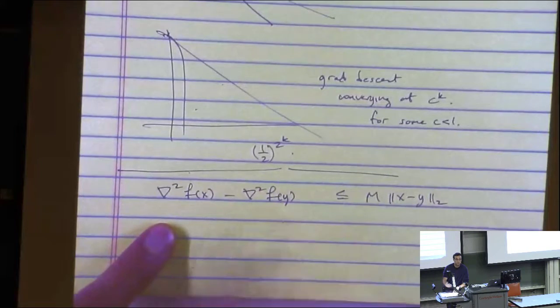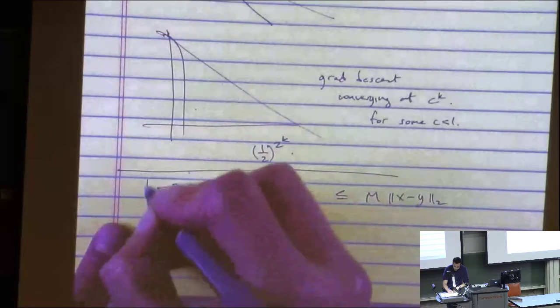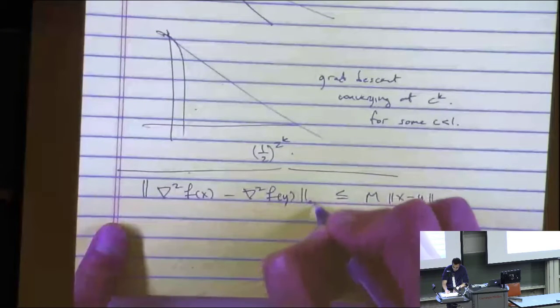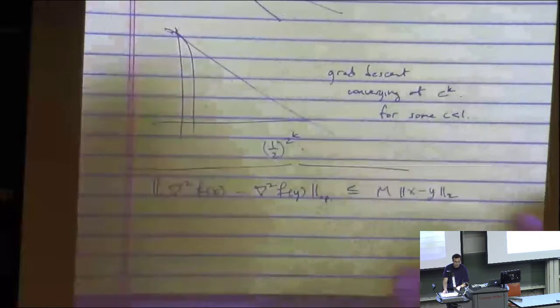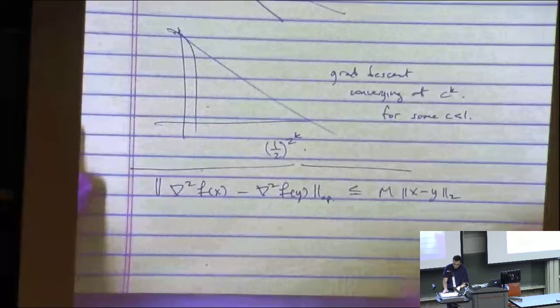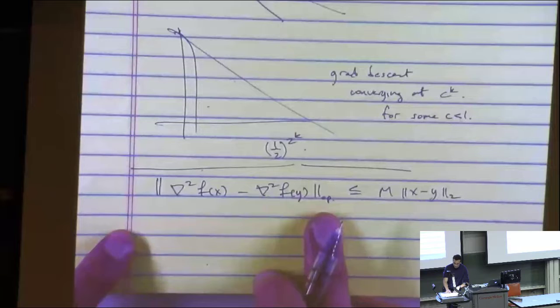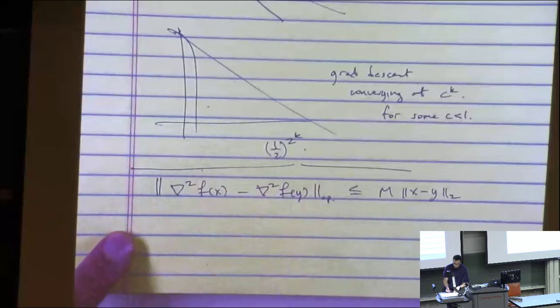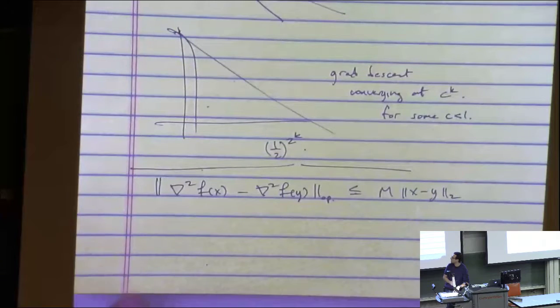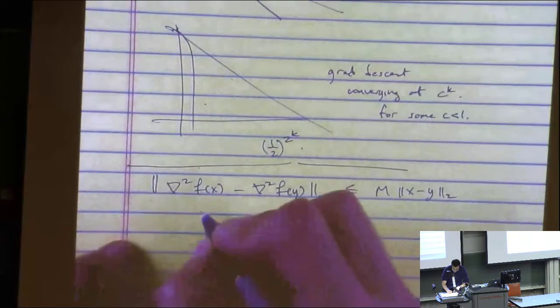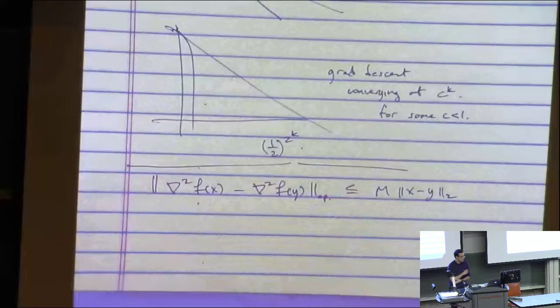So we have to choose some norm on matrices. We're going to use the operator norm. It actually doesn't really matter what we choose, but it just makes the analysis convenient. So this is the largest eigenvalue. So the operator norm between the Hessian at x and Hessian at y is bounded by m times x minus y. This is what it means for the Hessian to be Lipschitz.